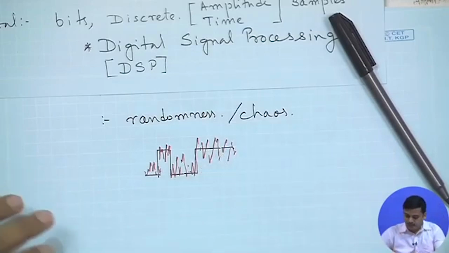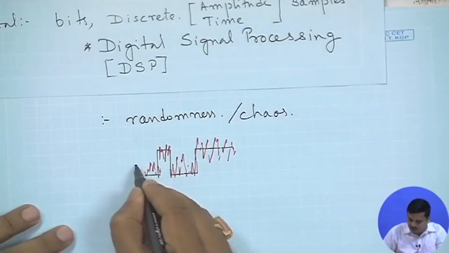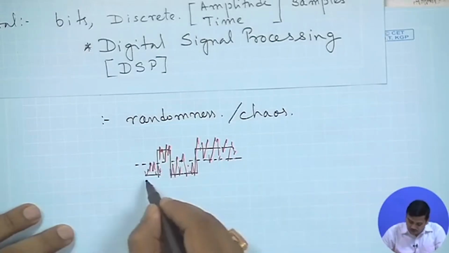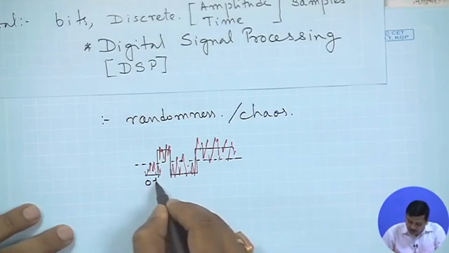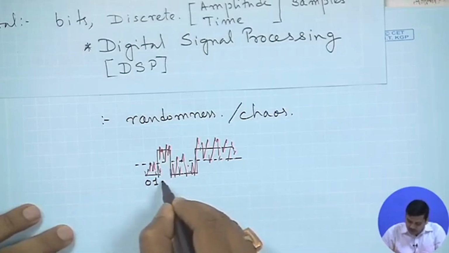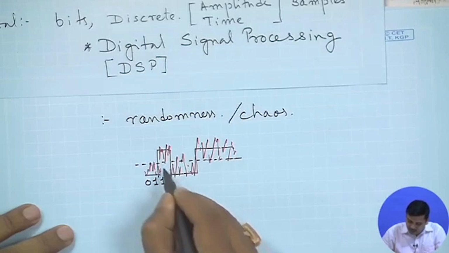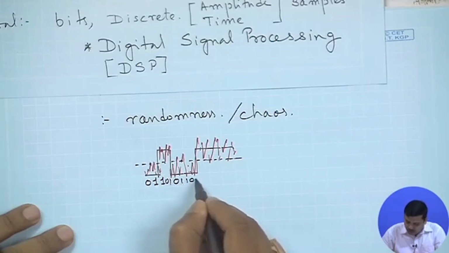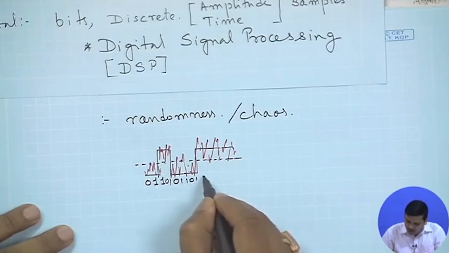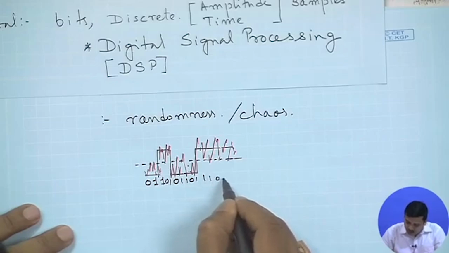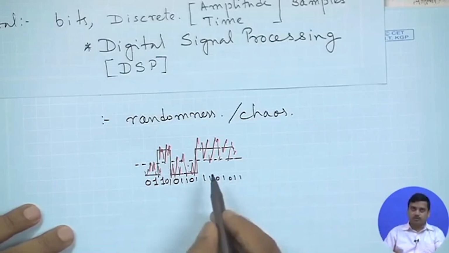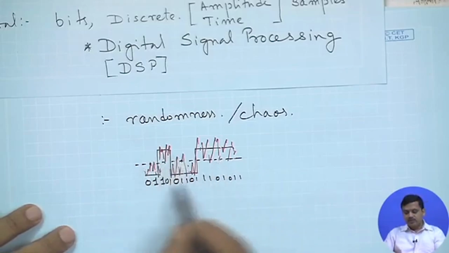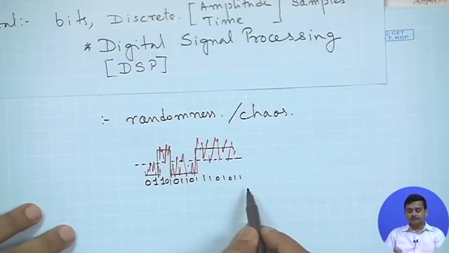And now at the receiver, if I am making a decision threshold here, I am going to receive probably a 0, and then in between I might get a 1, then a 0, and so on and so forth, because the signal has crossed this threshold at some point. So the input sequence gets completely changed when it comes to the receiver.